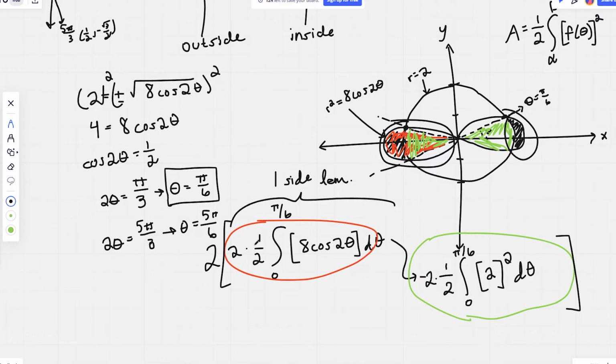At this point I'm just doing this to make sure that if you guys do understand all the steps, you get the same answer as me. And then it's going to be minus the integral of 0 to pi over 6 for d theta, right?